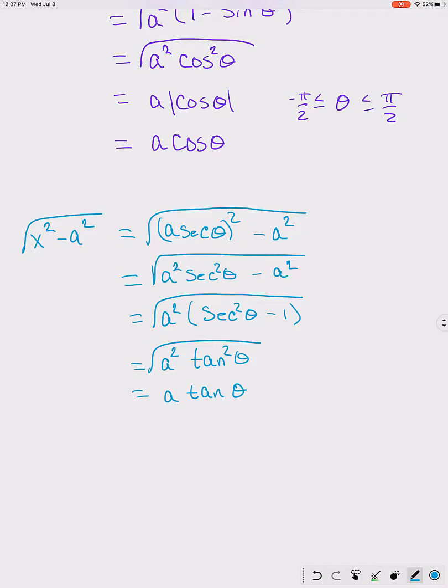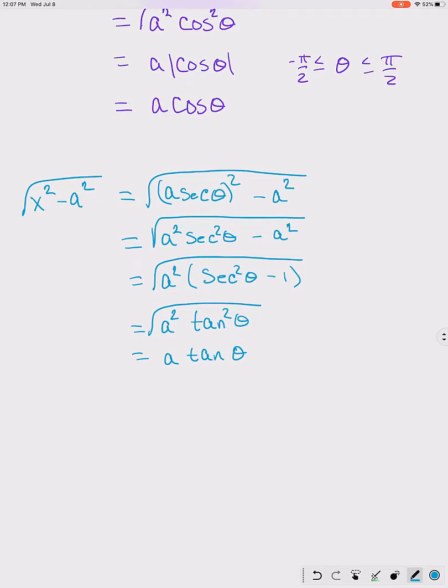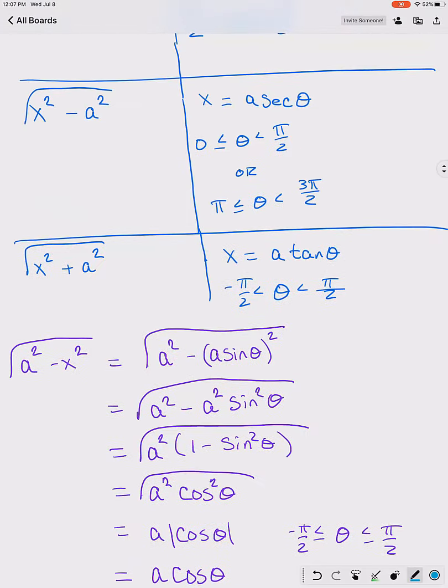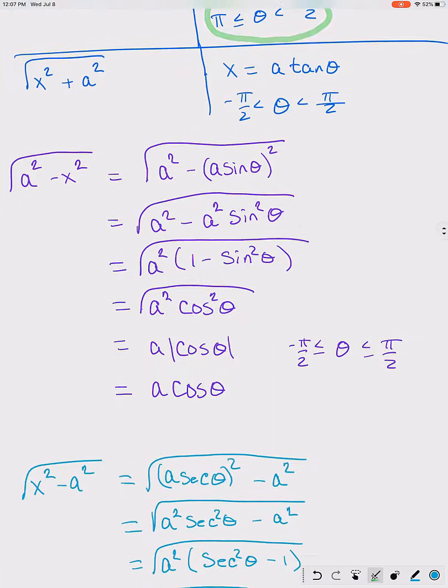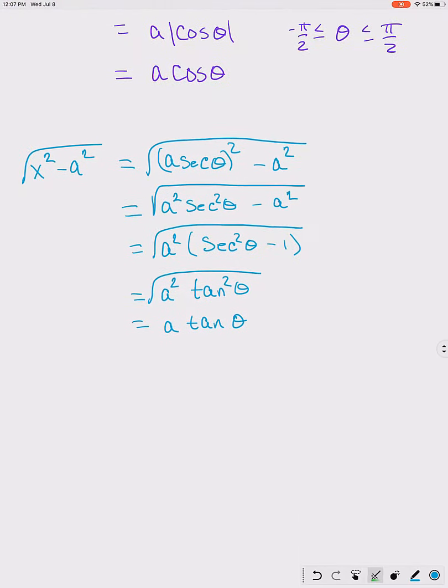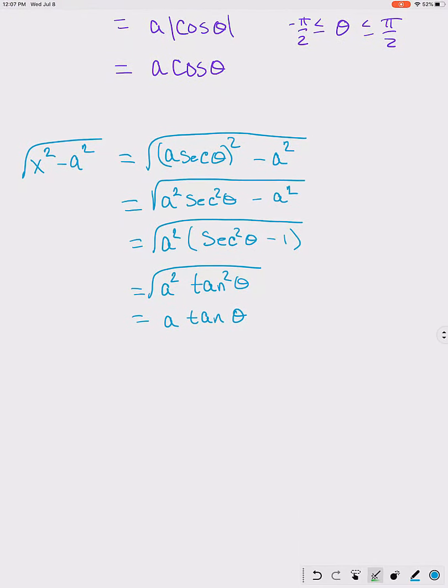Now once again, I have to worry about whether this tangent of theta is positive or negative. But because I restricted theta to be between 0 and pi over 2, or between pi and 3 pi over 2, this tangent of theta will always be positive.